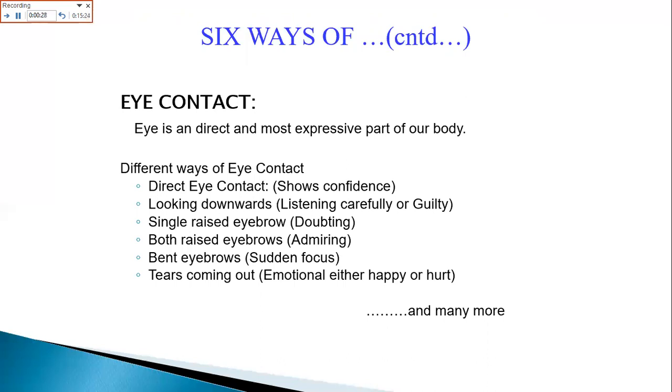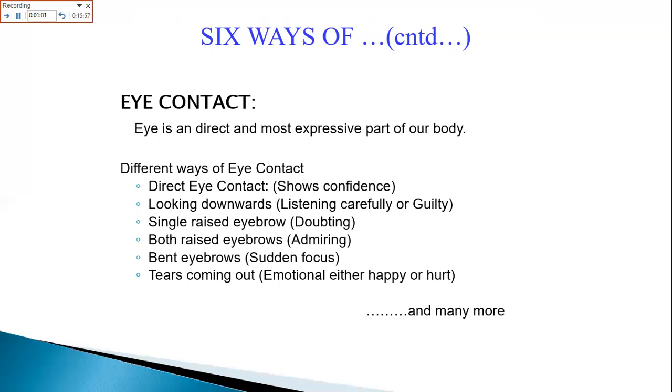The different ways of eye contact. First is direct eye contact. It shows confidence on yourself. Second one is looking downwards, like listening carefully or guilty.